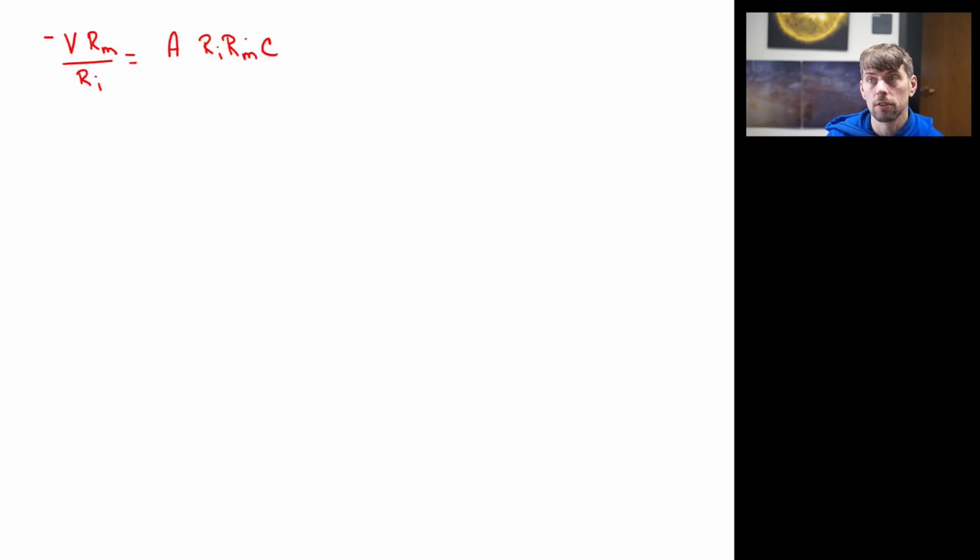Notice the Rms cancel as well. Rm cancels the Rm. And what I'm left with is that A is equal to negative V over Ri squared times C.